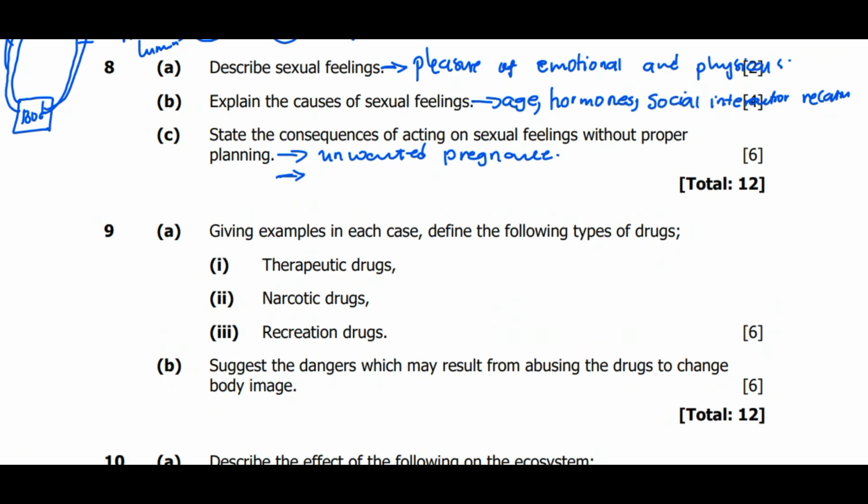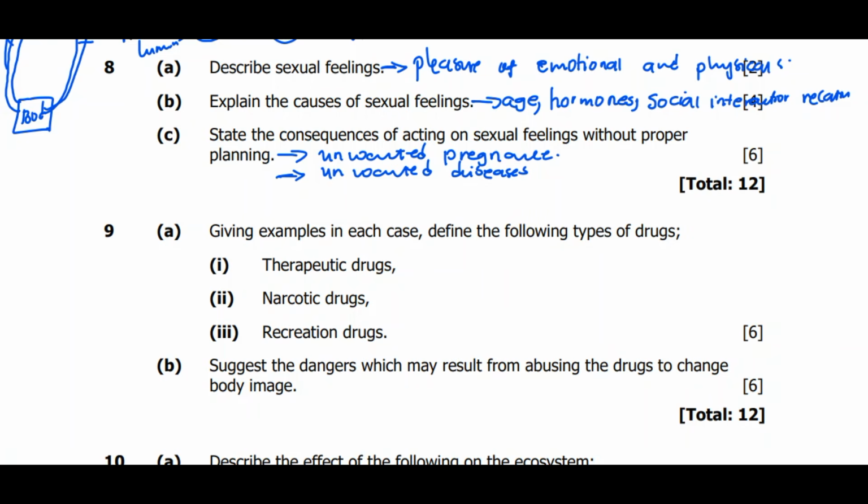So, unwanted pregnancy. Then the other one is unwanted diseases. We have such as gonorrhea, we have HIV.